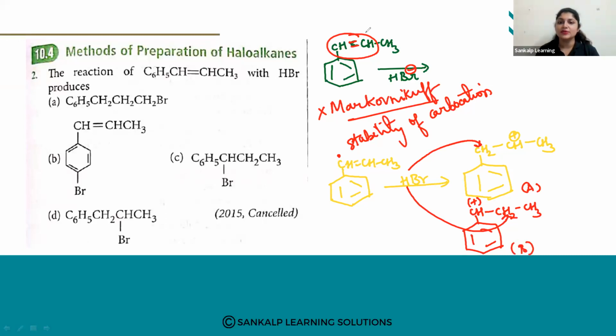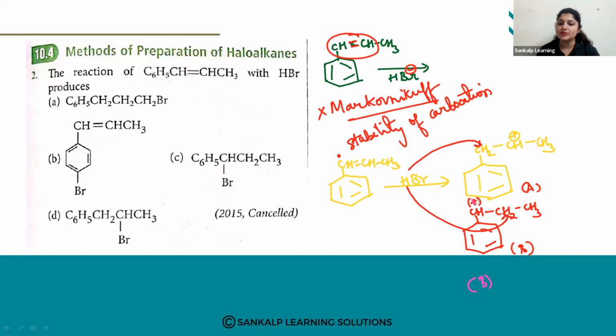Can you tell me in which reaction the intermediate is more stable? Which intermediate is more stable here? Can you guess it? So out of A and B, B is more stable.